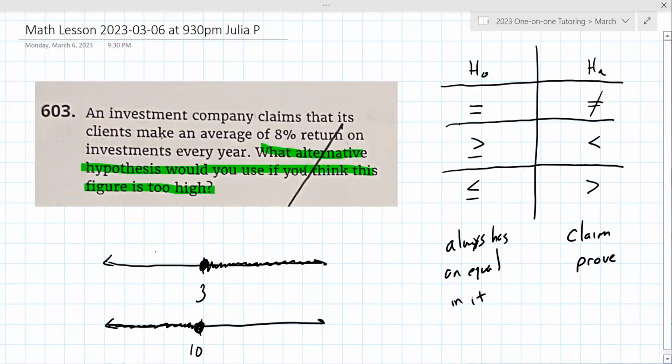So what would the person like, the result of this is that they want to go out there and say that, no, the figure is actually, what would they say? Less than 8%, greater than 8%, or not equal to 8%? That it's equal to 8%? So they think it's too high. That's the key word there. Okay. So they want to come out and say that it's actually less than 8%. That's the claim that they want to make.